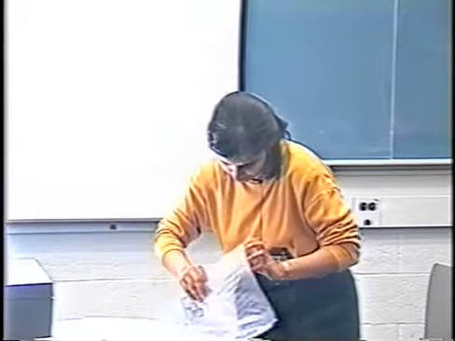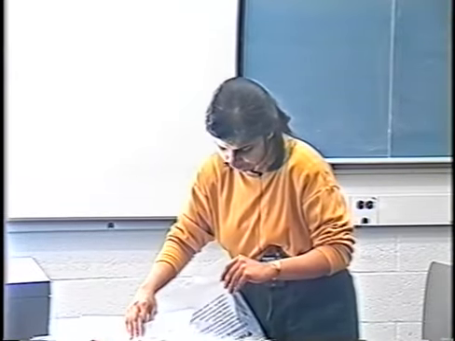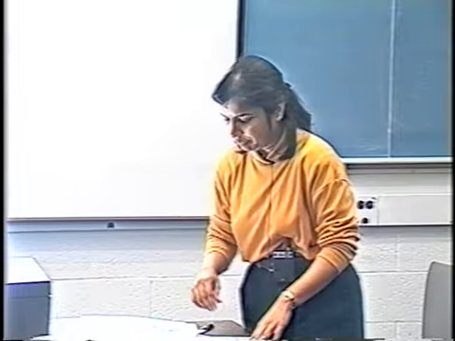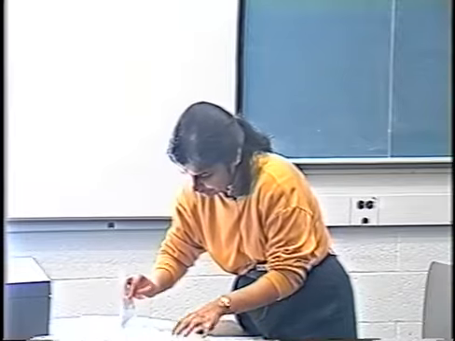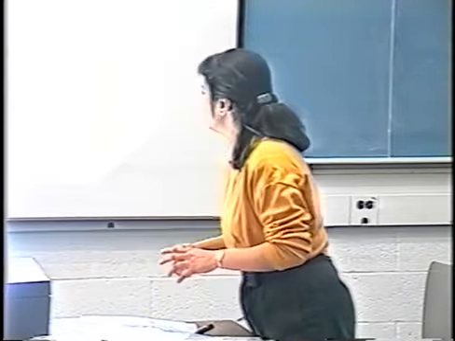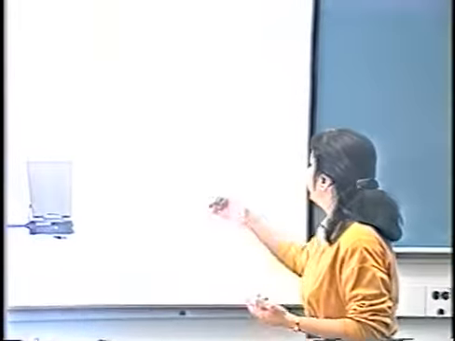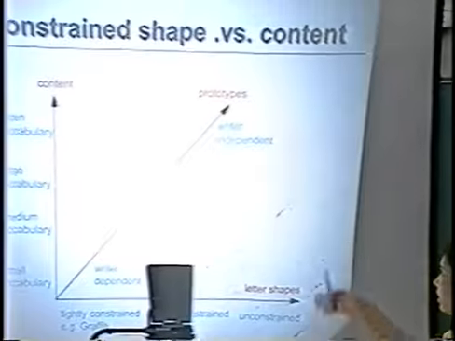I'm not going to talk about graffiti, you are all fairly familiar with it. Let me just put up this slide that I had. Essentially what I talk about is the content versus letter shapes spectrum.